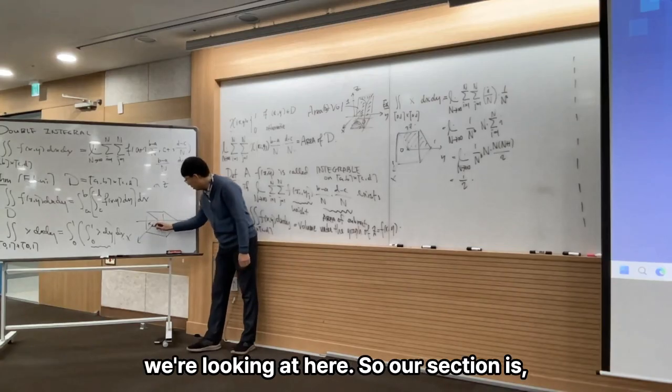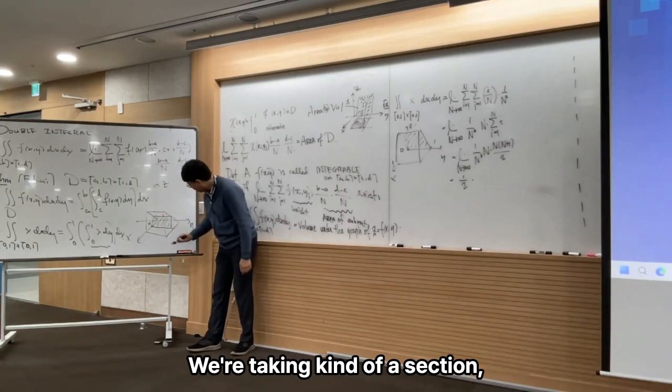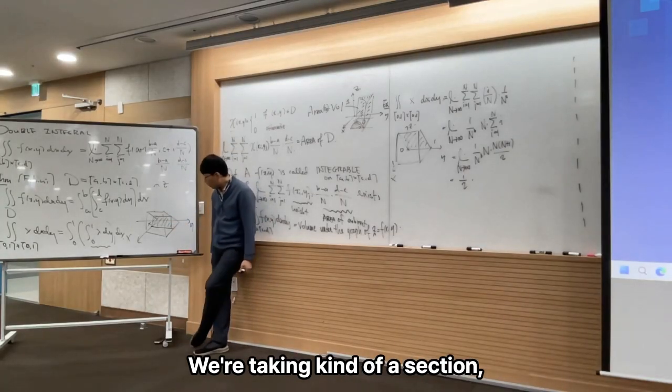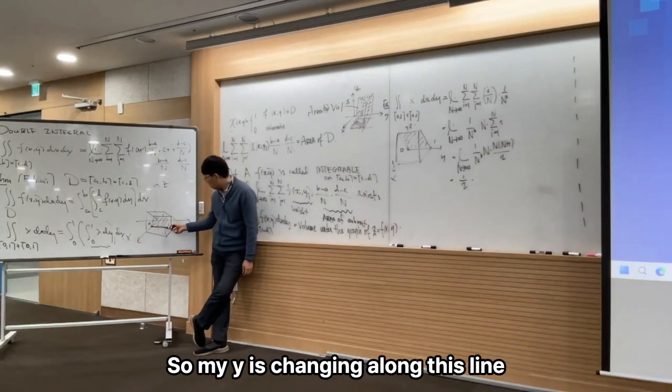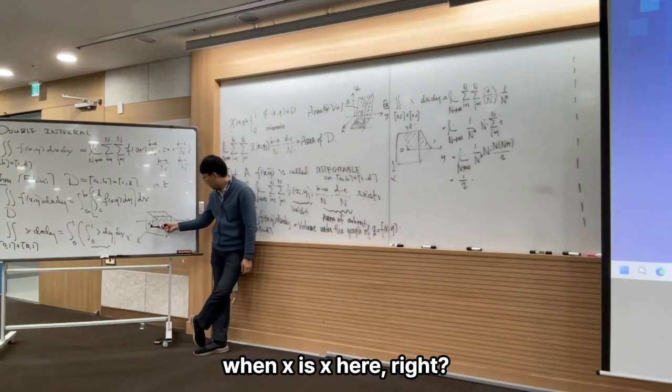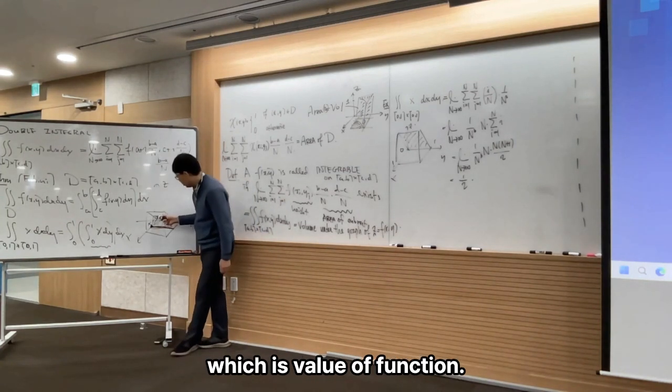We're looking at a section here. And I'm making y change from 0 to 1. So my y is changing along this line when x is fixed here, right? And then what I'm doing is taking the height, which is the value of the function, x.